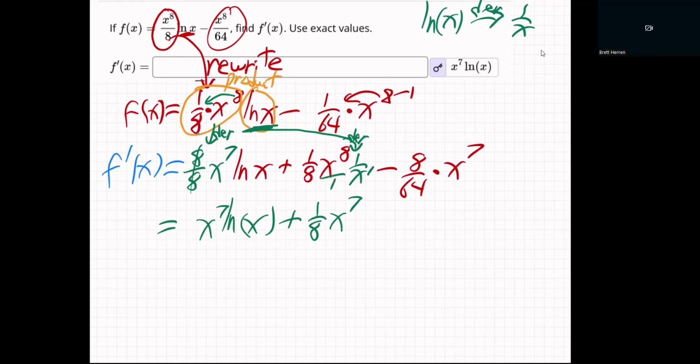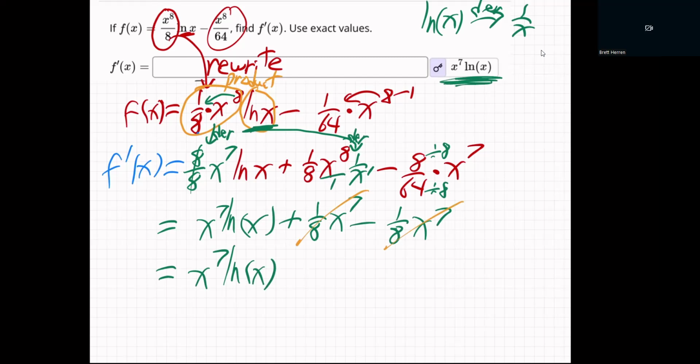Minus, you can reduce this fraction, divide top and bottom by 8, and it's 1/8 x to the 7th. Oh, and look at that. Boom, boom. That's nice. In the end, it's just x to the 7th ln x. Oh yeah, and that's what they said. That cleaned up real nicely, didn't it?